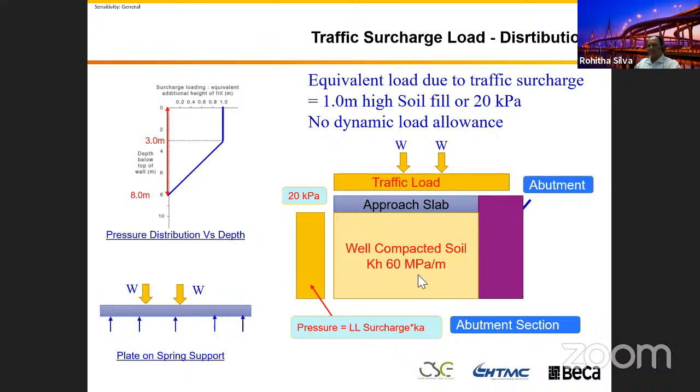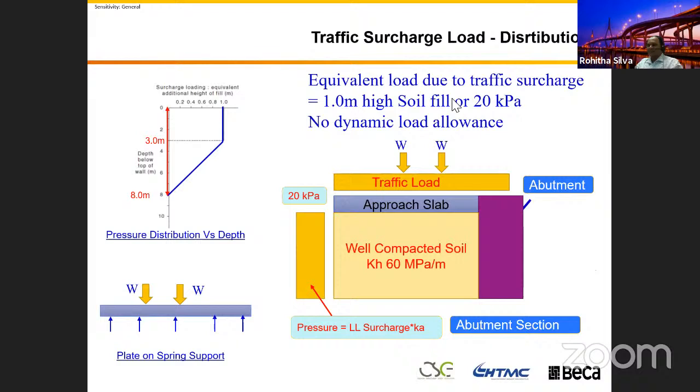Using this spring constant, you can analyze this and then calculate the pressure. If you do a simple plate model, you can calculate the average pressure distribution on the soil underneath, and then get the pressure distribution below using the analysis or using empirical methods.